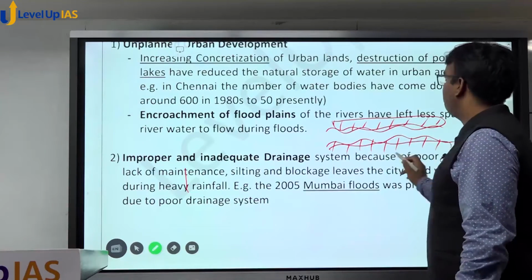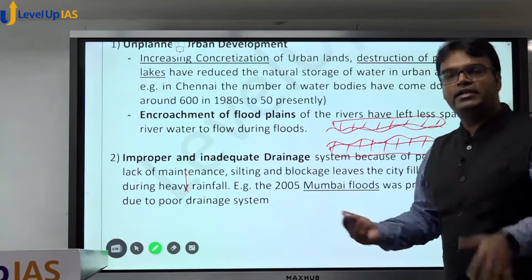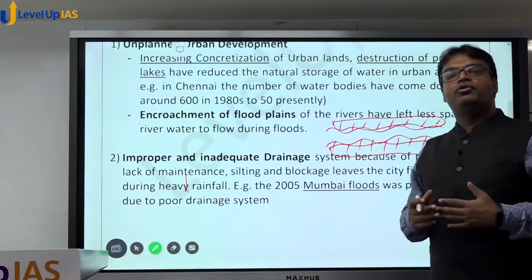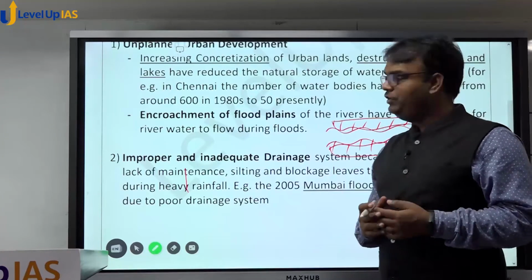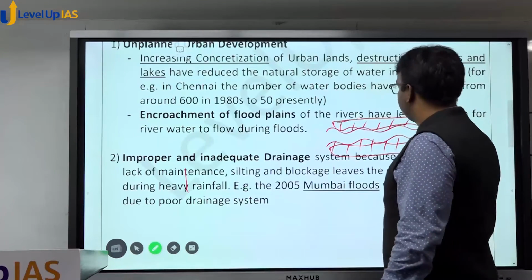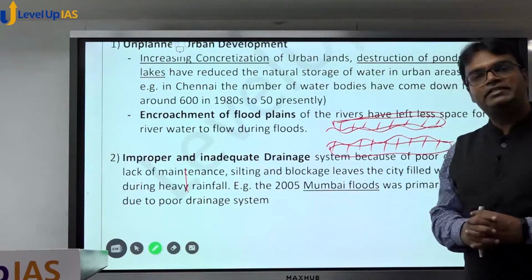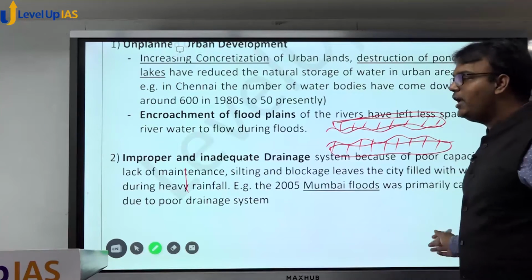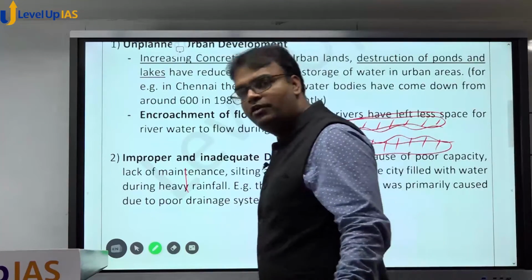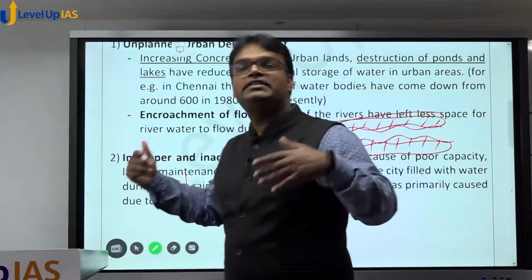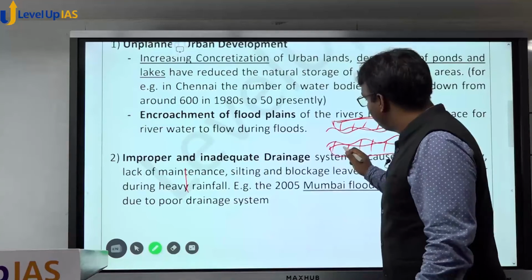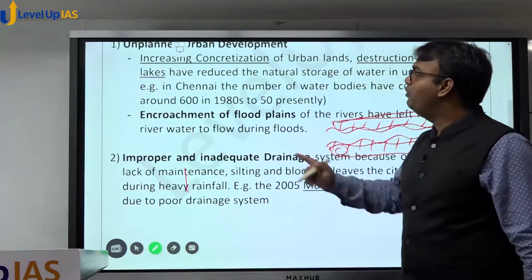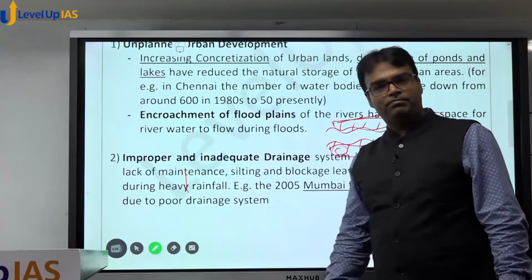They would do paddy cultivation here, but they would not live here. But with the development of cities, we have encroached these floodplains as well. So when the water level rises, it doesn't have that floodplain on which it can flow. It enters the city. And this encroachment of floodplain is also an example of unplanned urban development.